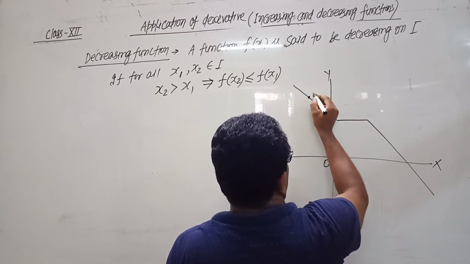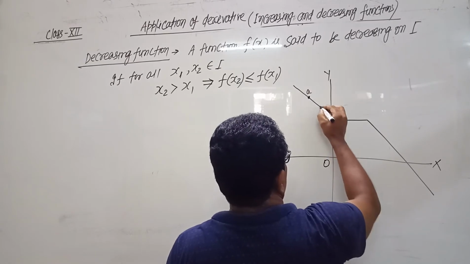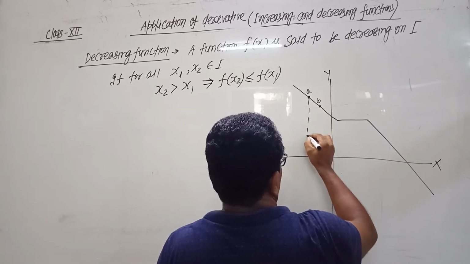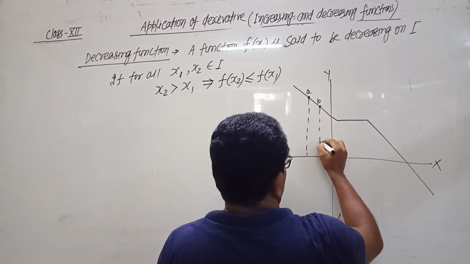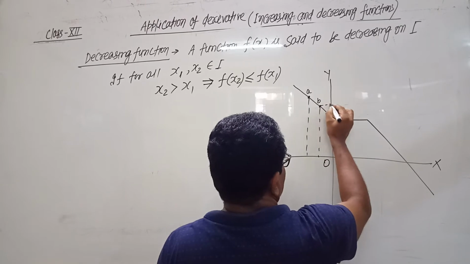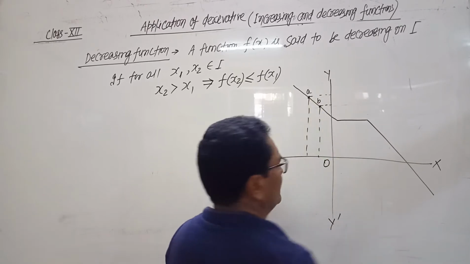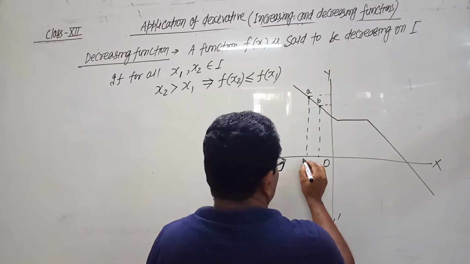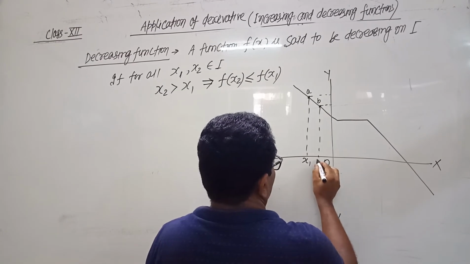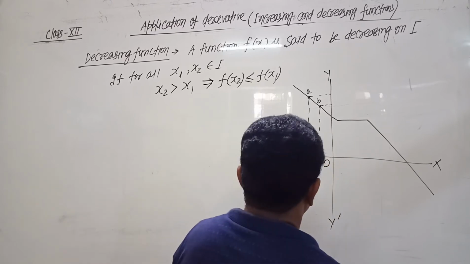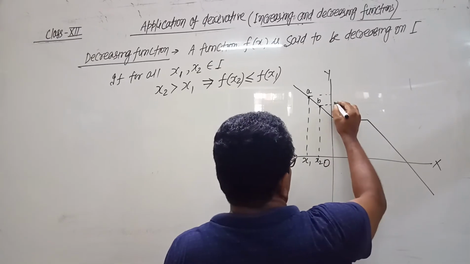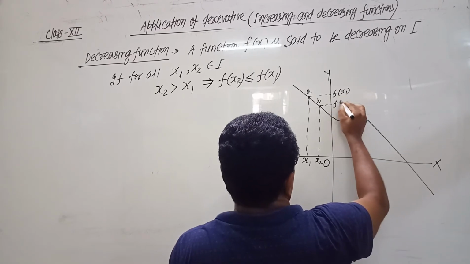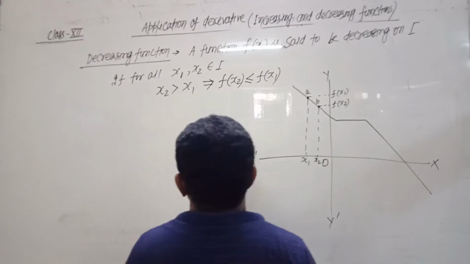Suppose we take any 2 points A and B on the graph and draw a perpendicular from A and B to the x-axis and y-axis. Let this be x1 and this be x2, and this is f(x1) and this is f(x2).